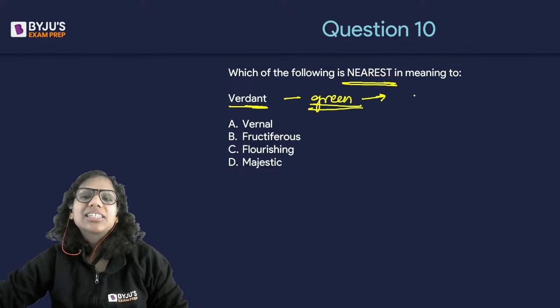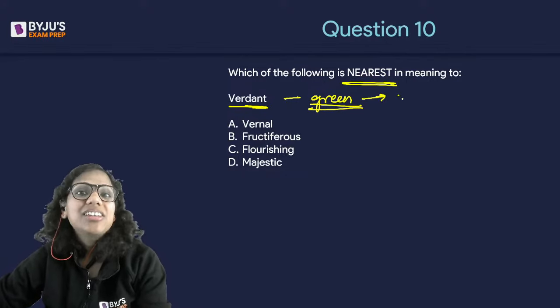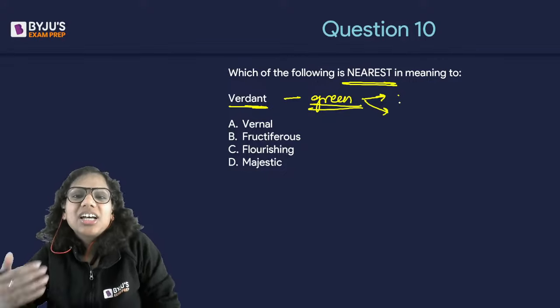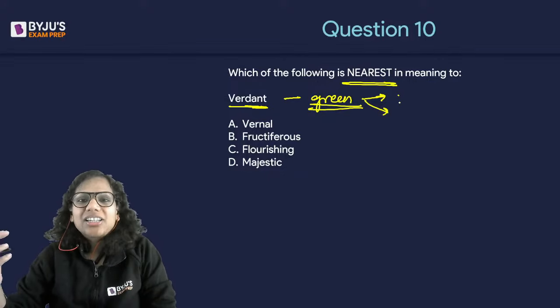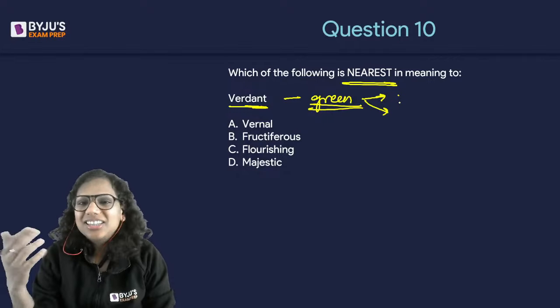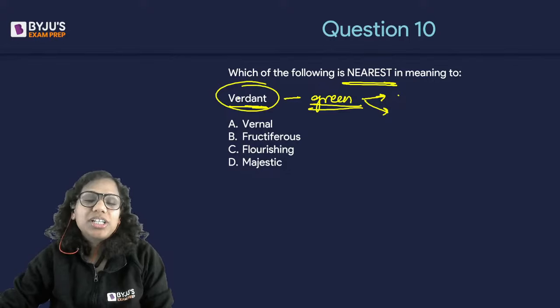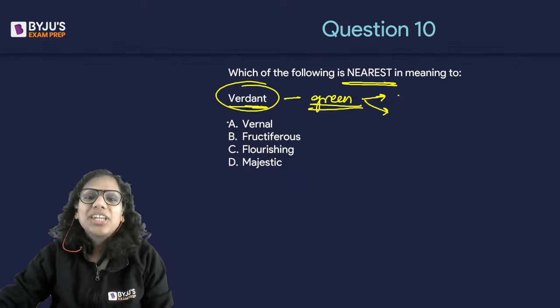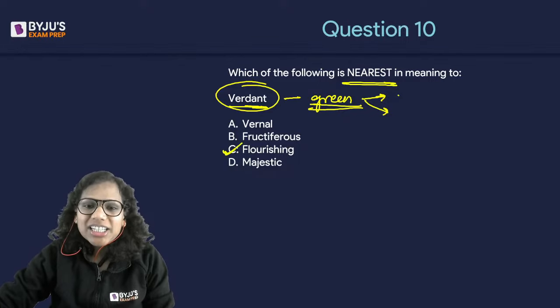The green that is characteristic of healthy grass growing in the countryside. So verdant means something green, basically the lush green plants, the greenery that exists in the countryside, that is called verdant. That's why I said the verdant beauty of villages, the verdant beauty of hillside, right? So the idea is flourishing.